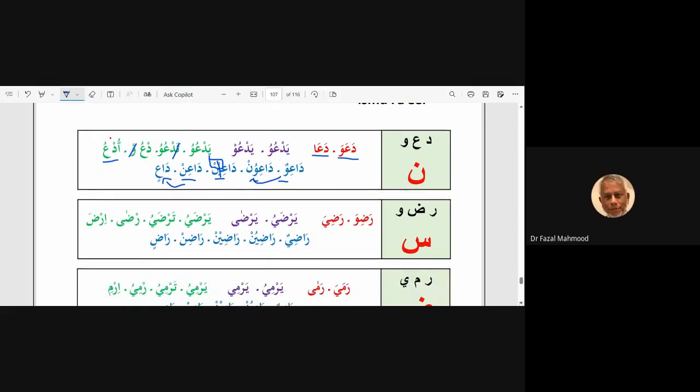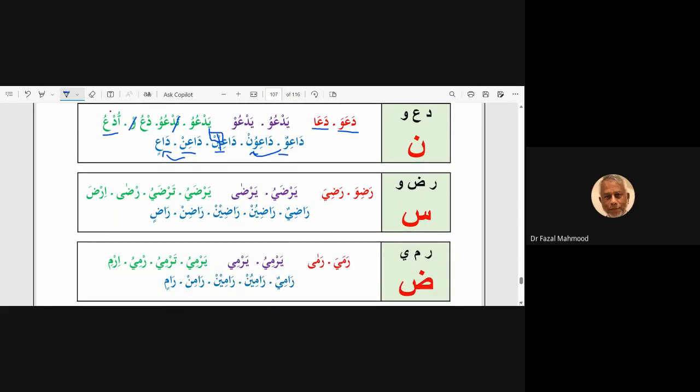Now, I will just mention something here. There is a pattern coming, everyone, for fi'l naqis, where the harf illat, waw or ya, comes at the end. For all these naqis verbs, the ismul fa'il pattern is very common in the Quran. Remember this, please.